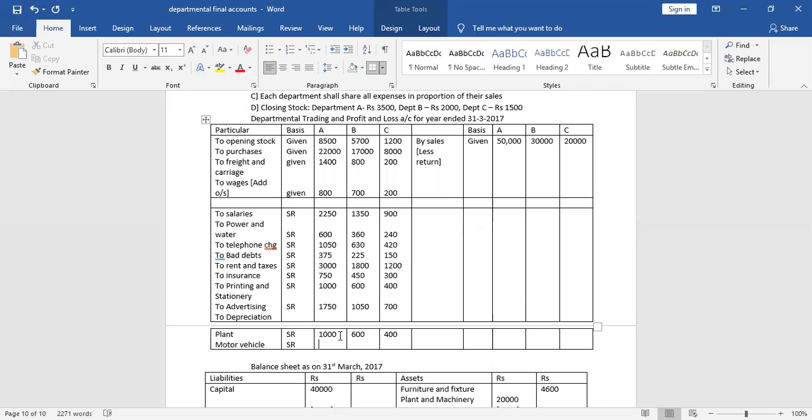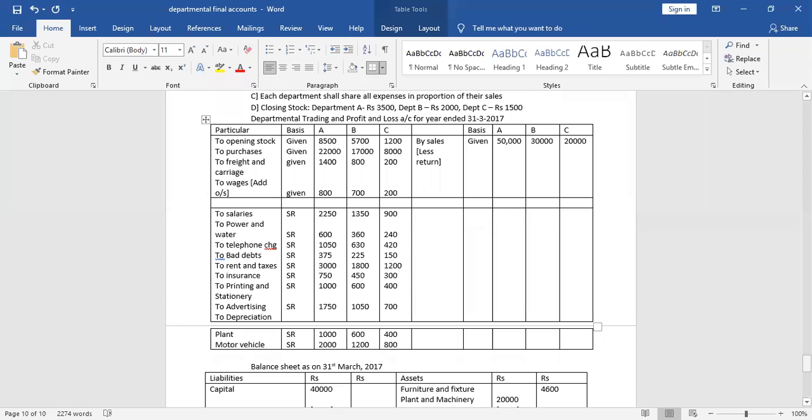How much will you get? 2000, and then 1200 and 800. Is it correct? 2000, 1200 and 800. So this is also done.